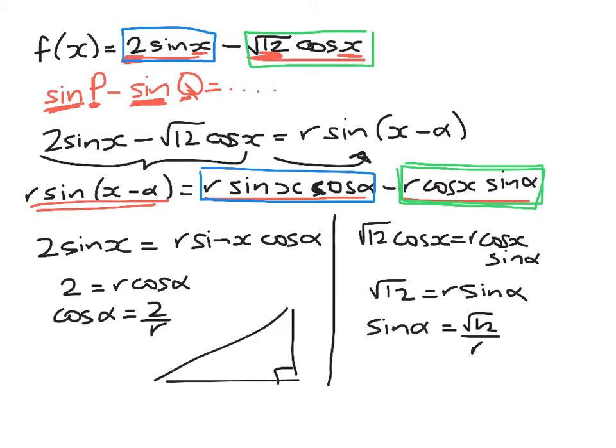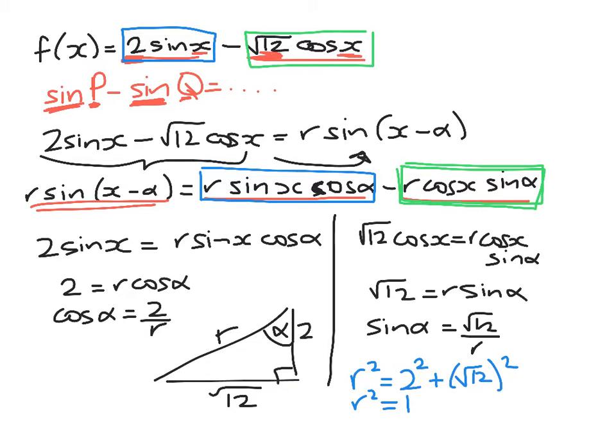Here it is. This side is 2, and this side is root 12, and this is alpha. So what's r? Well, by Pythagoras we can say this. R squared is 2 squared plus root 12 squared. So r squared is 16 and r is equal to 4.